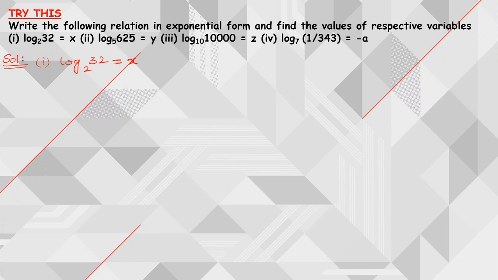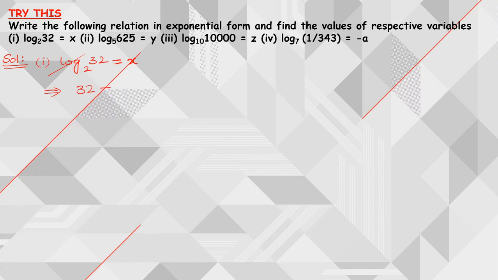So you can clearly see that we are having a logarithm, right? So whenever you are having a logarithm, that means it is in its logarithmic form. We need to convert this into exponential form. Whenever you want to convert it into exponential form, simply cut off this log and write the value as it is.